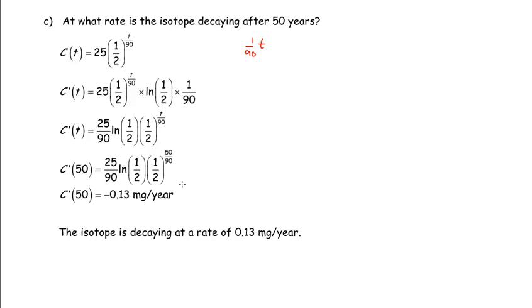Now, I just noticed I didn't simplify the 25 over 90. If you wanted to reduce this, it won't make a difference in the end calculation. But 25 and 90 both divide by 5 evenly, so we could write that as 5/18 ln a half times a half to the power of 50 over 90.